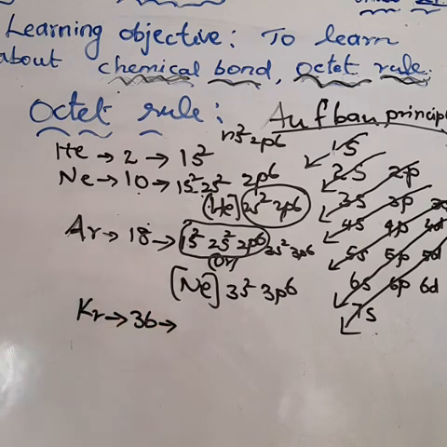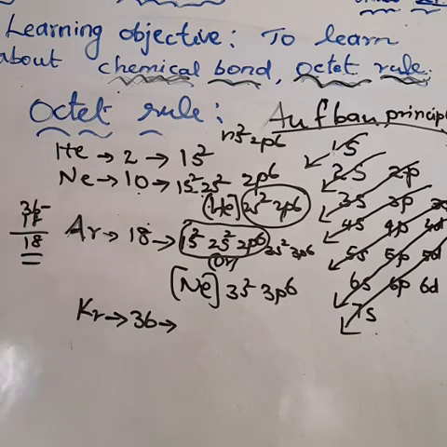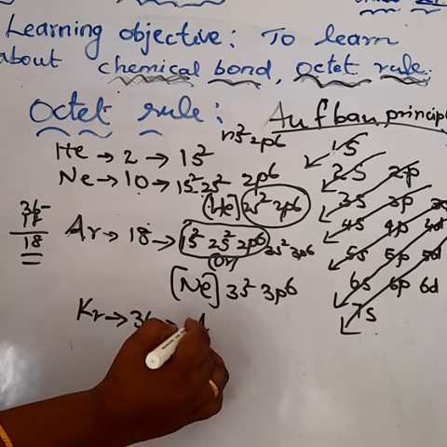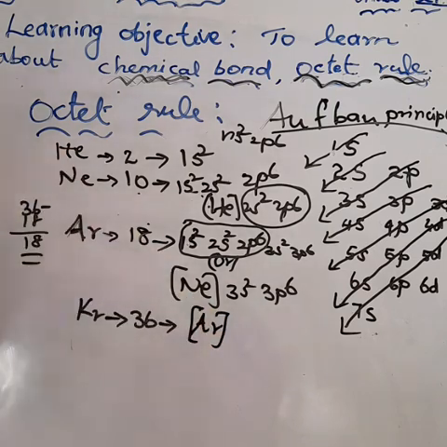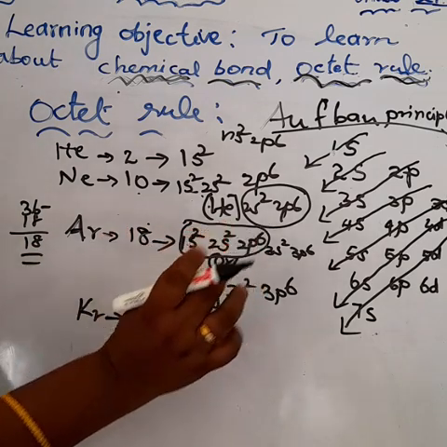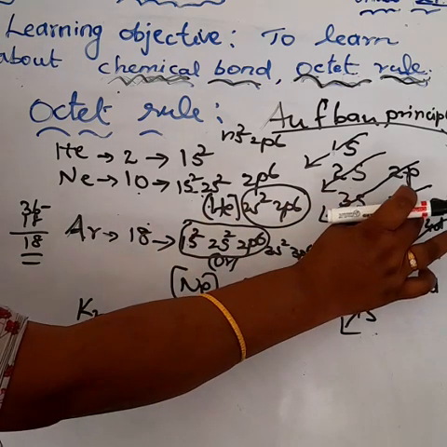And then krypton, atomic number 36, number of electrons 36. So 36 minus 18, we need 18 remaining electrons. The nearest noble gas for krypton is argon, which has 18 electrons, and we need 18 more. Up to 3s2, 3p6 we have taken.